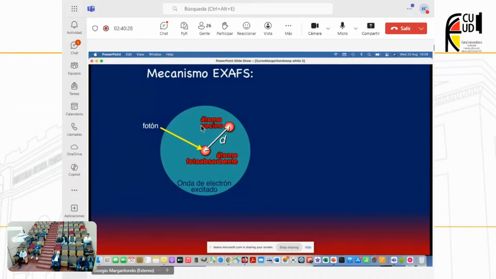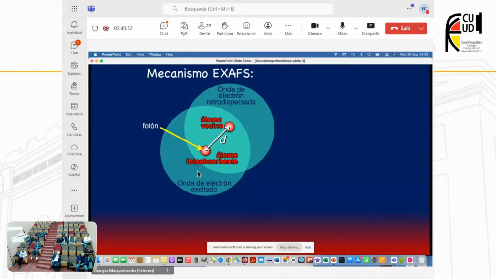So you're going to get an outgoing wave starting from this absorbing atom, and there it is. However, this wave hits the neighboring atom, and it is partly reflected. So if you want to have a complete picture of the phenomenon, you must take into account that there is an interaction between the outgoing wave and the backscattered wave.